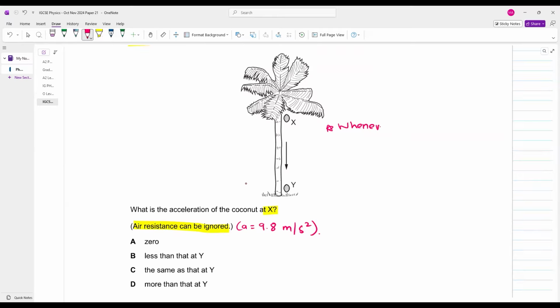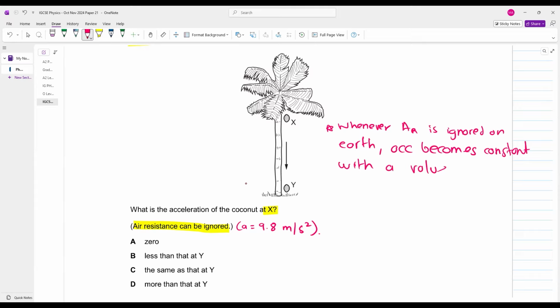Whenever air resistance, AR, is ignored on Earth, acceleration becomes constant with a value of 9.8 meters per second square.